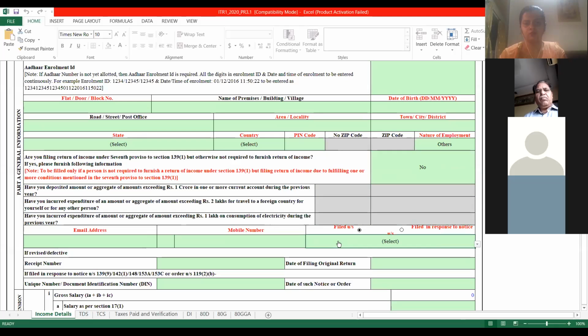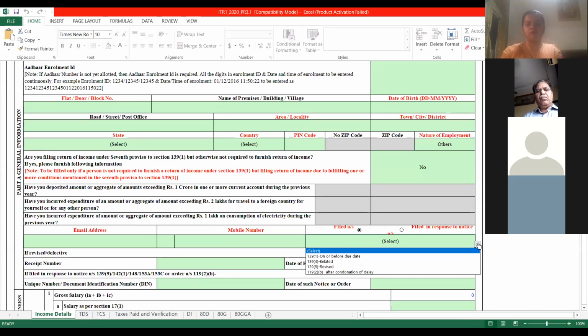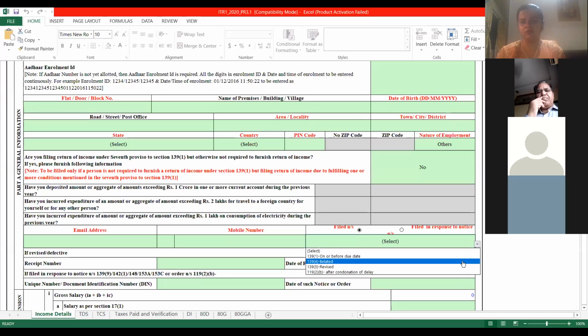And then it is asking, under what section am I filing my return? Am I filing my return under section 139.1, 139.4, or 139 subsection 5? Generally we file the return before the due date, so it is always 139 subsection 1. But sometimes if we file the returns after the due date, then it is a belated return.